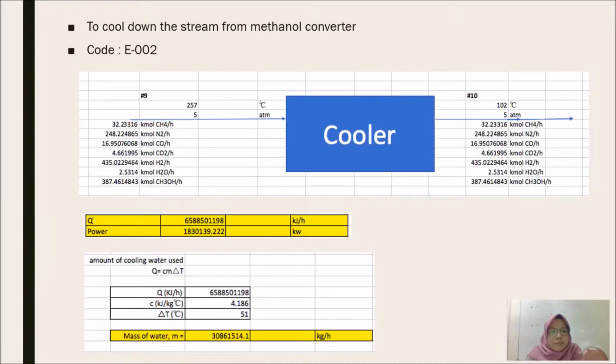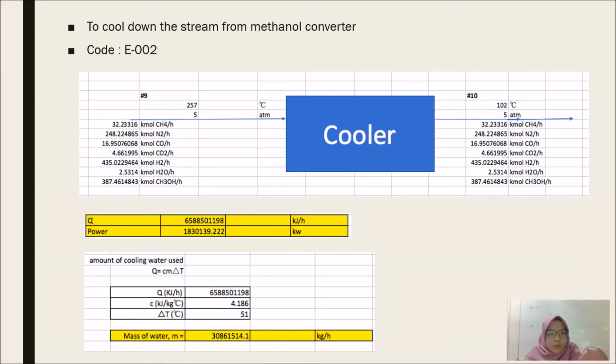For the cooler, we use it to cool down the stream temperature from the methanol converter. The inlet temperature is 257 degrees Celsius, and the outlet temperature is 102 degrees Celsius. The pressure is still the same, 5 atm.